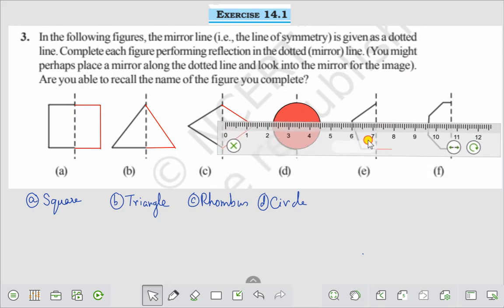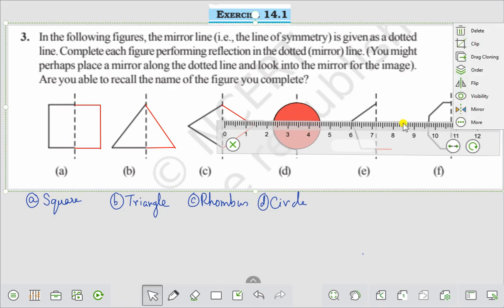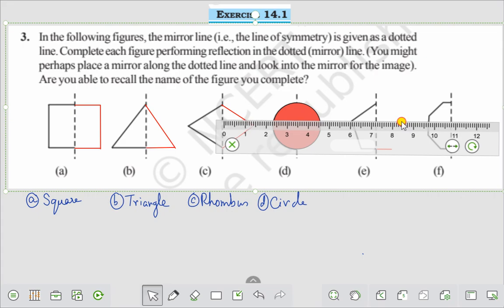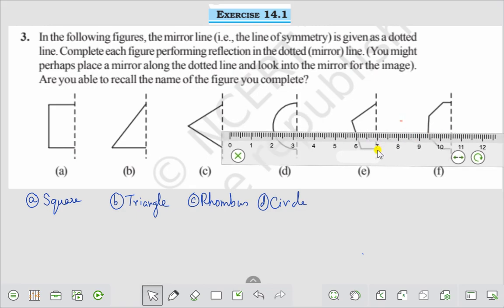Take another point here, take this point, then we take one point and join this point, right?